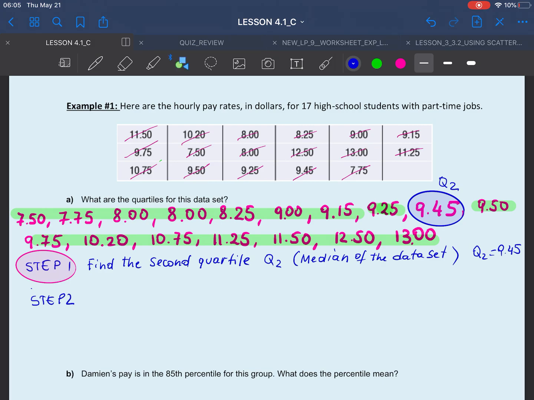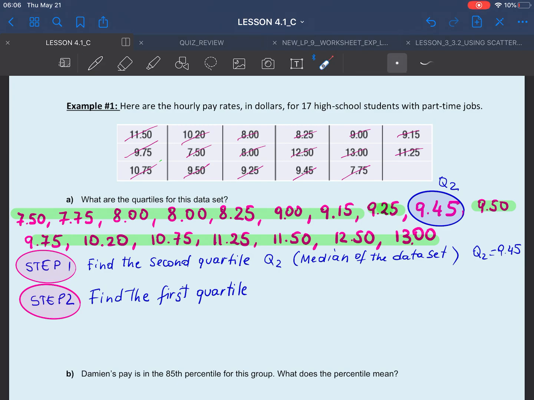Step 2. So we are going to find now the next unknown, which is quartile number 1. So find the first quartile.